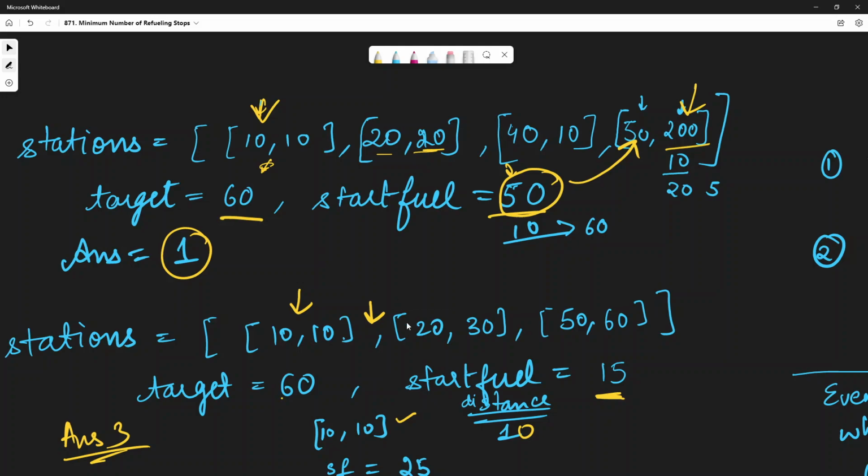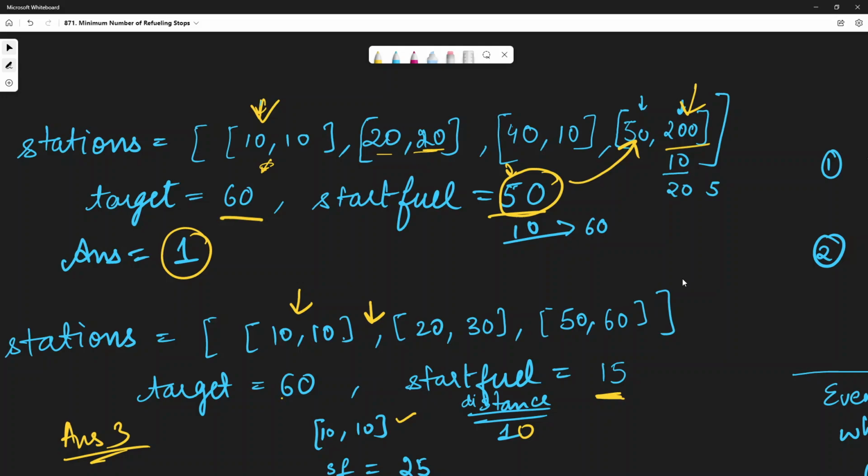But reaching another fuel station from that fuel station, that is also the scenario here. That will return -1, means there could be a scenario. That we will come up with other examples, but here that is confusing more.